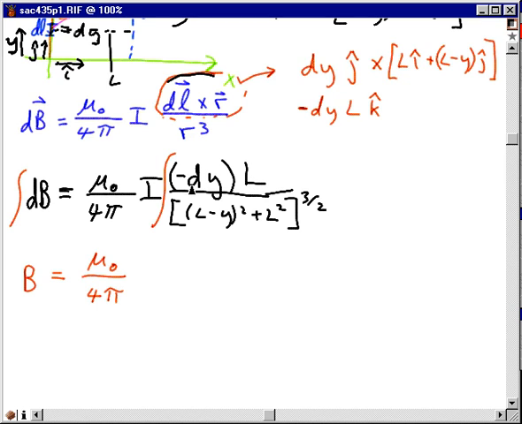I think the first thing I'll do is factor out the L, factor out that minus sign, and then write down, you look up the integral on a table of integrals, either in the back of your book or on your formula sheet, and see which one you want to make this entire expression look like. So that's what we'll have out front, this constant L and the minus sign coming out front, and then inside the integral, the part that depends on y.